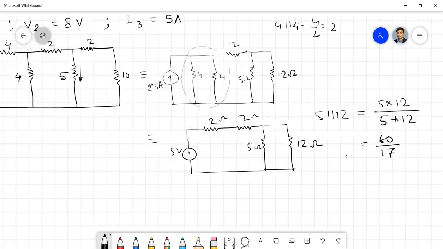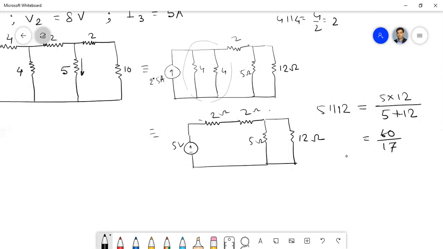Now what is the current through it? That is 5 divided by 4 plus 60 by 17. If I find this current, so this will be this value. Is it okay? Have you understood? Now you have to find out this current by current dividing rule.